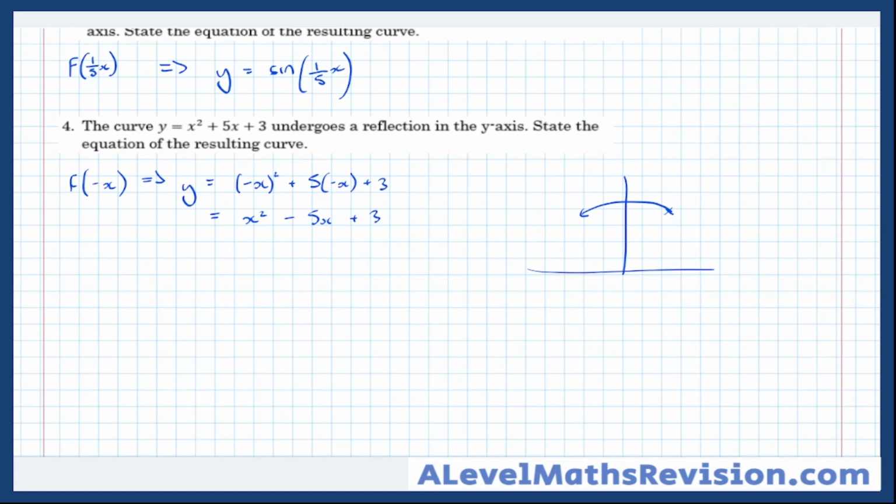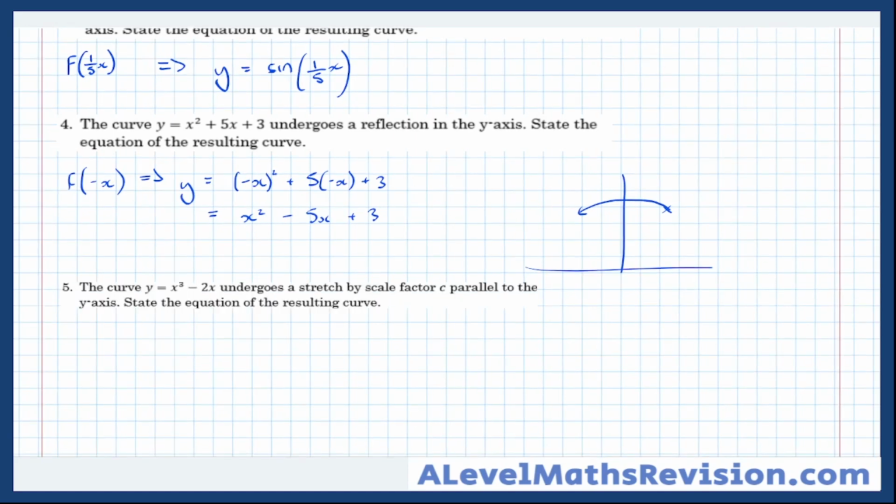So final example, and this one is the curve y equals x cubed minus 2x undergoes a stretch by scale factor c parallel to the y-axis. State the equation of the resulting curve. Well, if it's parallel to the y-axis, it's an outside transformation, and a stretch is a multiply.